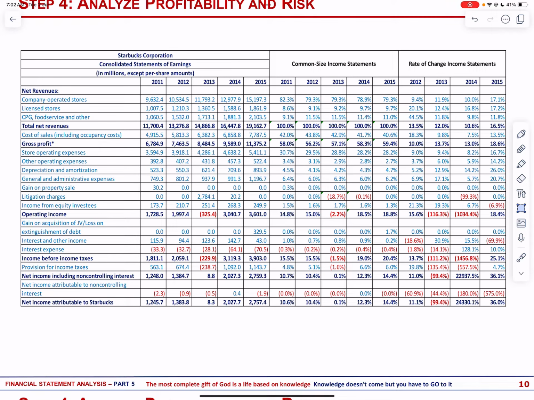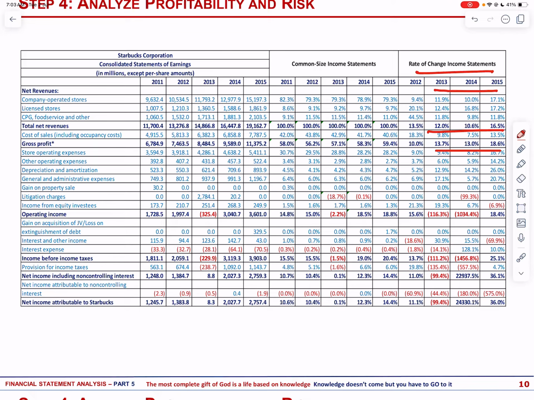The rightmost column shows percentage changes in income statement amounts for Starbucks. From 2013 to 2015, gross profit increased at a faster rate than the total revenue each year. This indicates effective management of cost of goods sold and possibly strong pricing strategies.